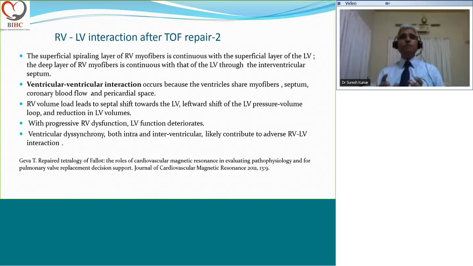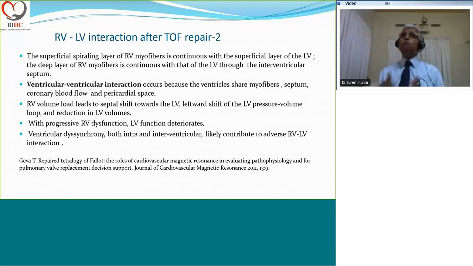The interaction between the ventricles after tetralogy repair is mediated through the continuity of the superficial muscle fibers between the RV and the LV. The two ventricles share the myofibers, the septum, the coronary blood flow, and the pericardial space. And the RV volume load shifts the septum towards the LV.